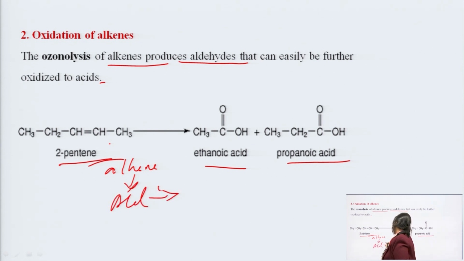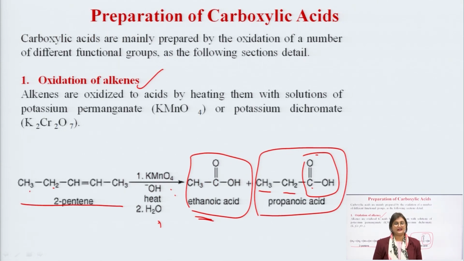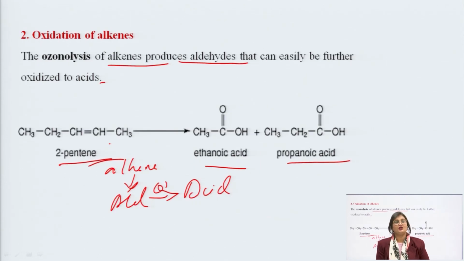This aldehyde upon further oxidation gets converted into an acid. So, this is oxidation of alkenes. Here we have seen oxidation of alkenes using oxidizing reagents such as potassium permanganate and potassium dichromate, whereas in this reaction we have noticed oxidation of alkenes through the formation of aldehydes via ozonolysis.